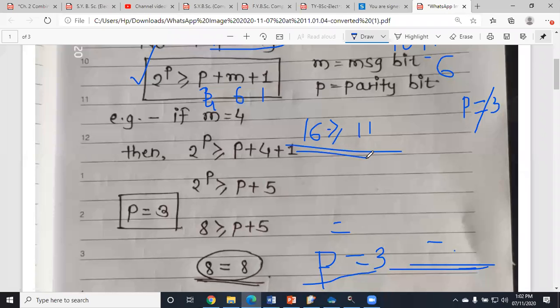This is satisfying my condition, right? 16 is greater than 11. We have to satisfy at least one criterion from this, either equal to or greater than. Now here I'm able to satisfy the greater than condition. 16 is greater than 11. So that is why I will use parity equal to 4 in this case.